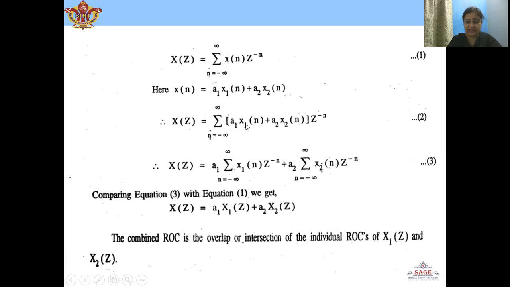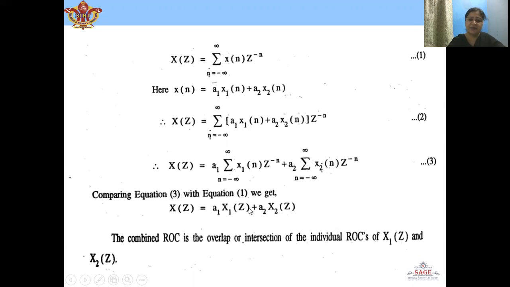So a1 x1(n), n equal to minus infinity to infinity, z raised to power minus n will form the first term, and a2 x2(n) will form the second term. Since this summation depends upon the variable n, and a1 and a2 are constants, they can be taken outside the summation. Now this expression in the summation represents the Z transform of x1(n), which is given by X1(z).